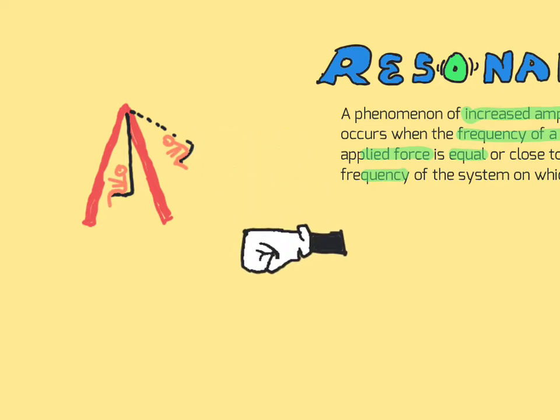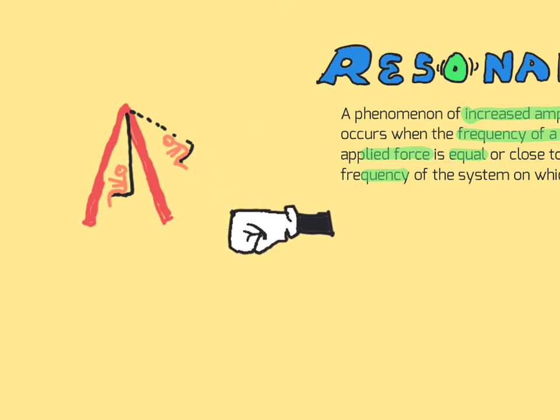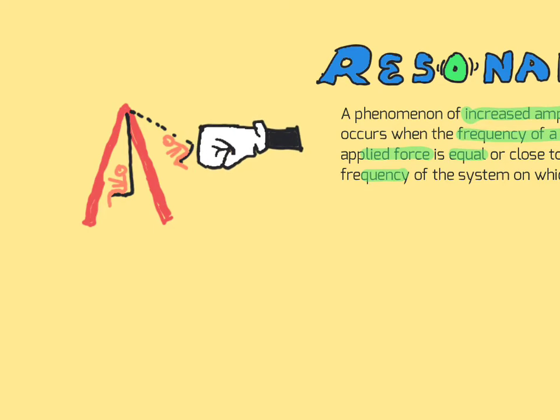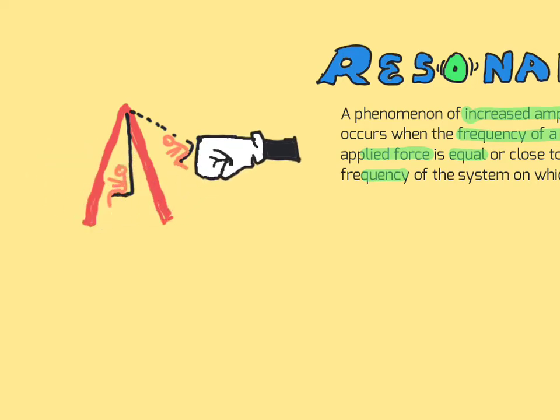Now you know from hopefully pushing swings and seeing swings before that if a person is on a swing and then a person applies a force and pushes, then of course that swing is going to travel down and back up. And the best time to push that person on the swing is to push them exactly when they're at their high point and to match that frequency of that cycle of the swing.